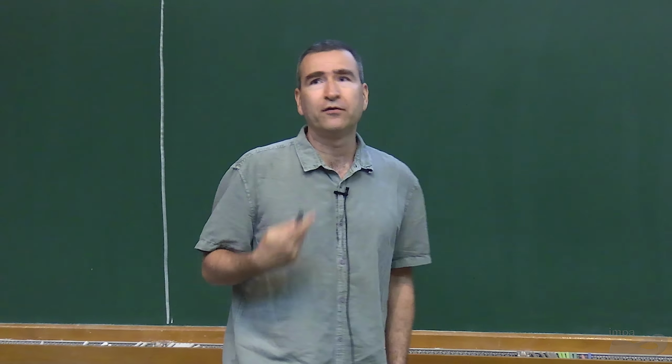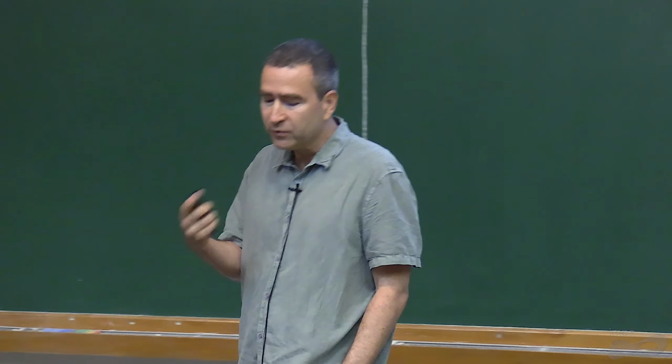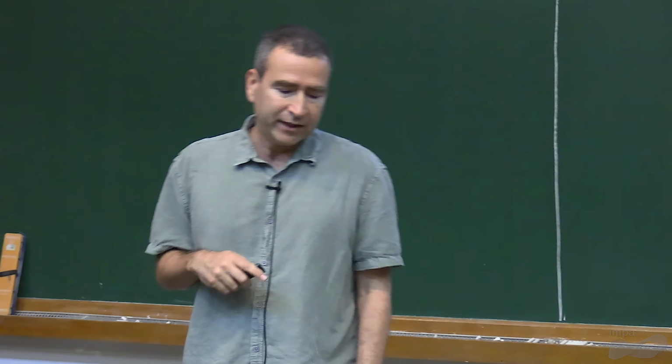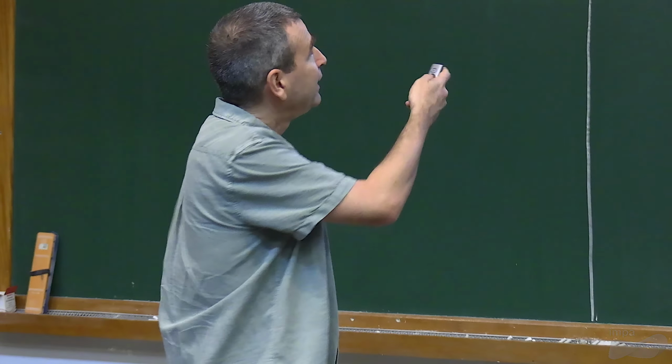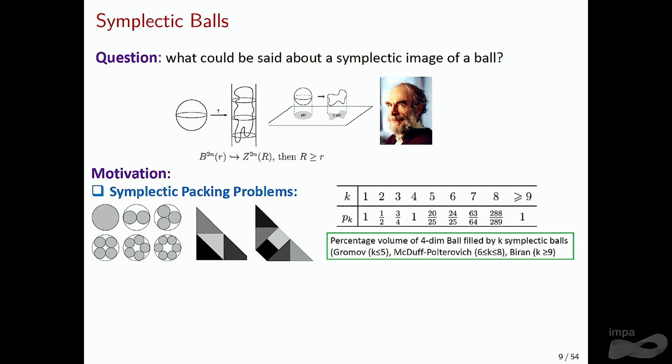So one motivation for studying symplectic images of the Euclidean ball has to do with the symplectic packing problem. For those of you on the symplectic side of this conference, you probably saw these two pictures before, and I will go back to them later in the talk.